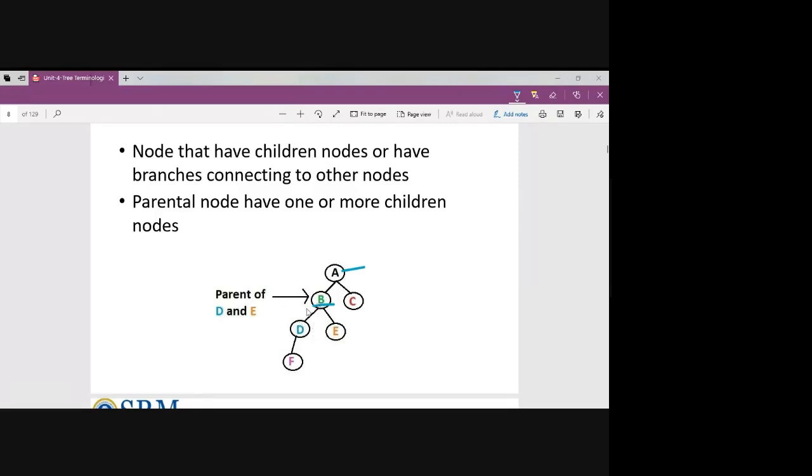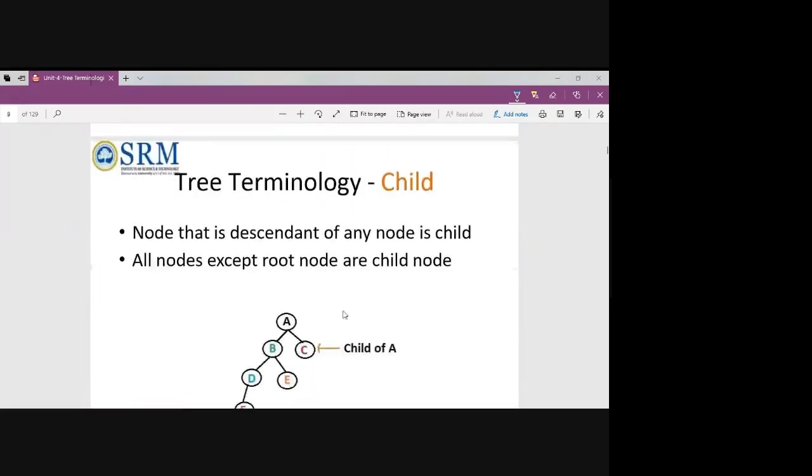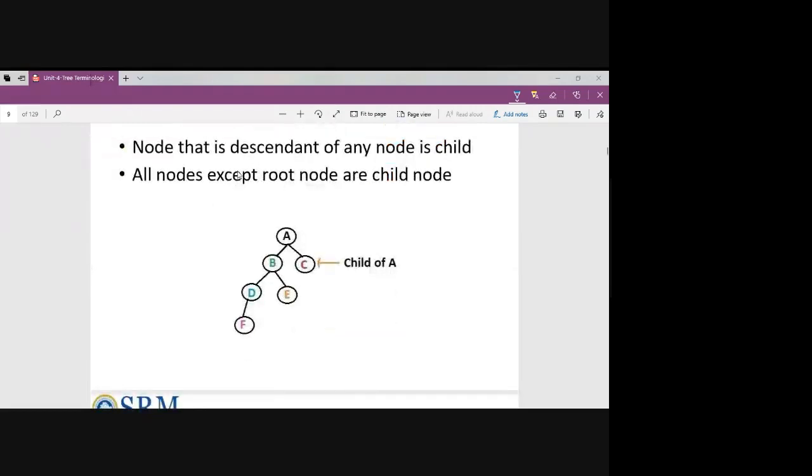Child, you can also describe as a node that is a descendant of any node. This will be called an ancestor, this will be called a descendant. So C is a child, E, D, F, B, everything is a child. B is also a child of A, but not of this parent.